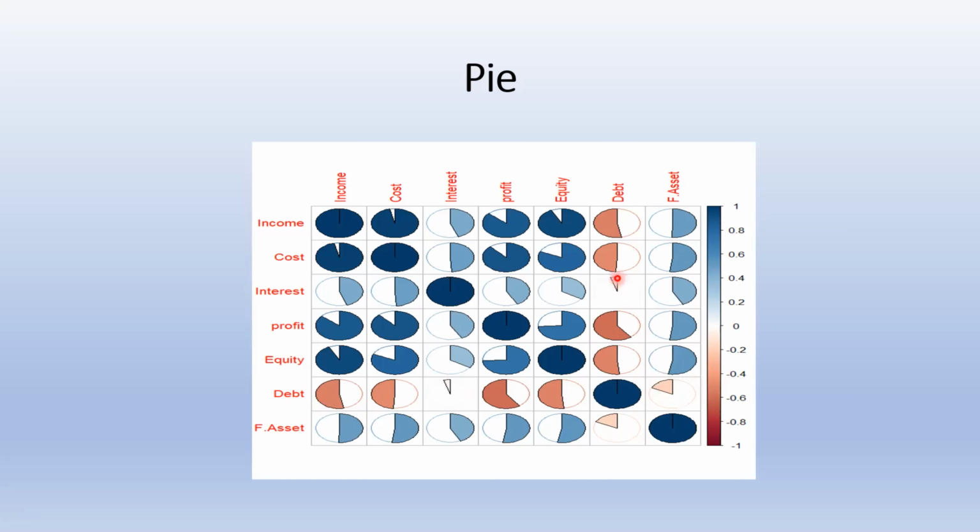Again we can see here the correlation coefficient between interest and debt is very small because it is in pink color and the area filled of the entire circle is very small. So accordingly we can interpret the correlation coefficient on the basis of the pie method.